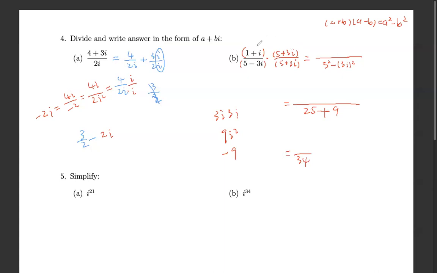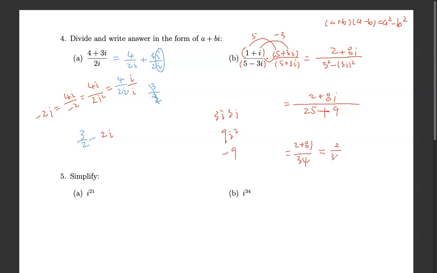But now let's see the numerator. 1 times 5, that's 5. i times 3i, that's -3. The middle term is 5i plus 3i, which is 8i. And 5 minus 3, which is 2. So the numerator is 2 plus 8i. Now we need to split it into the standard form, a plus bi form.